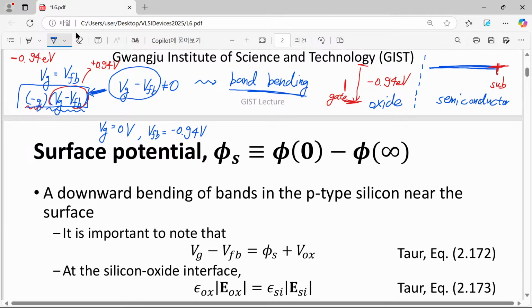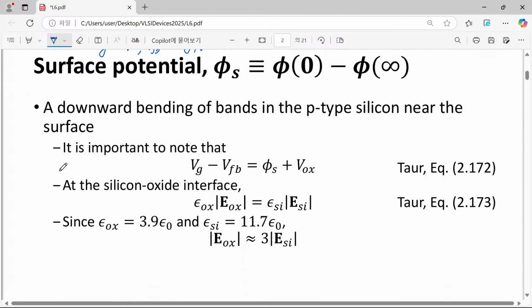That's the reason why we can write down this important equation. Sometimes this expression is called the MOS equation, but the name itself is not that important, the equation itself is quite important. So please try to understand this equation.